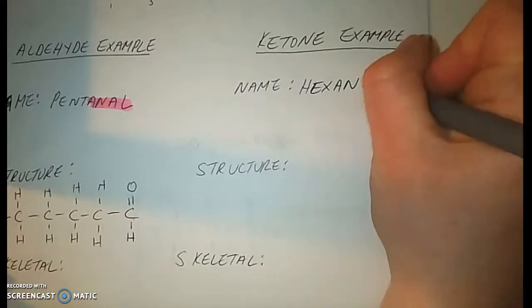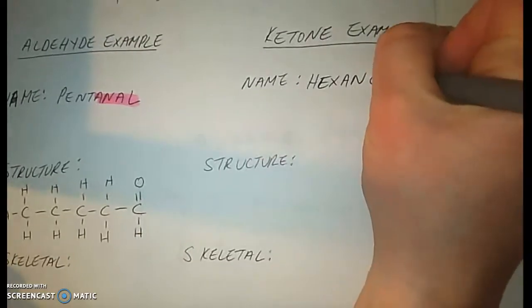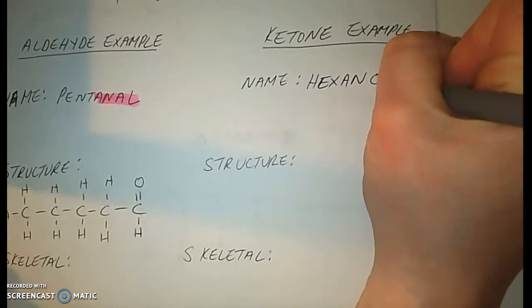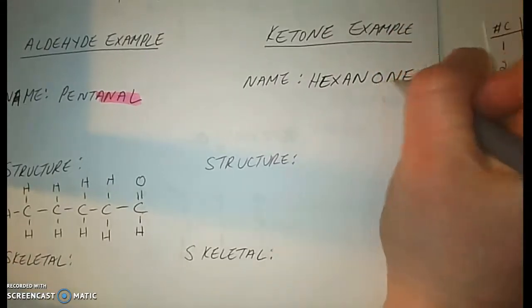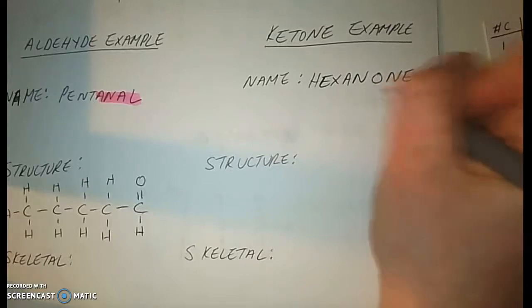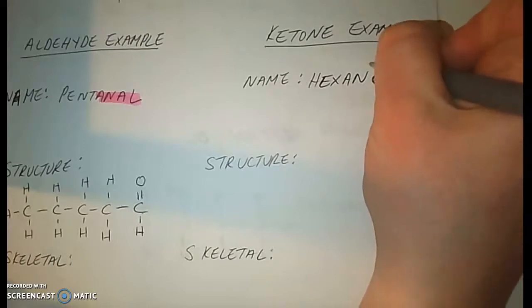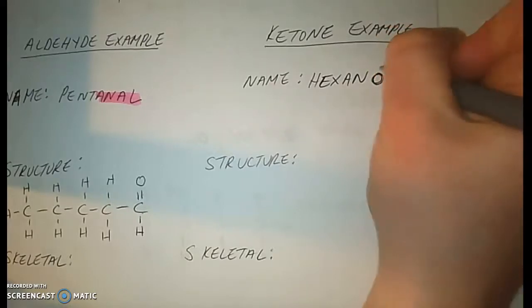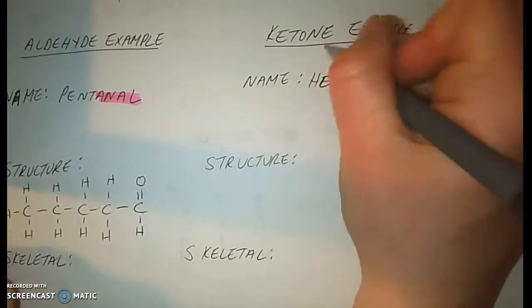Okay, now, similar to the example we had on the previous page, there's a bunch of middle carbons that could have the ketone group on them. So I actually need a number in this name, and I should have left a little more space so I could do that. But let's say, because it's a ketone, it has to be somewhere in the middle of the chain.